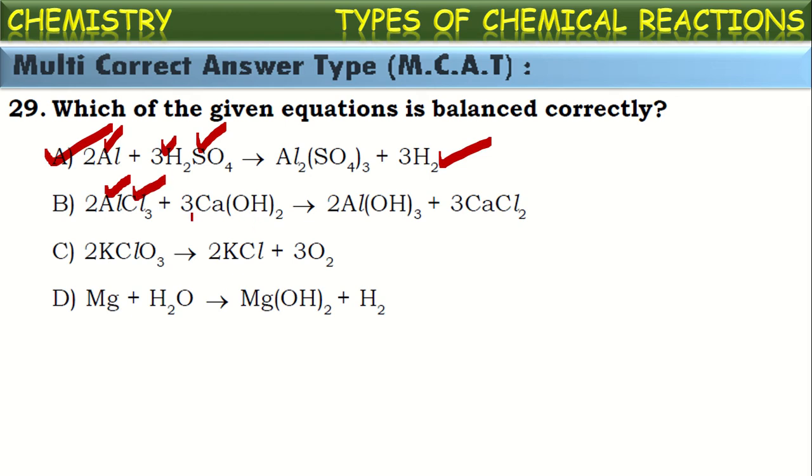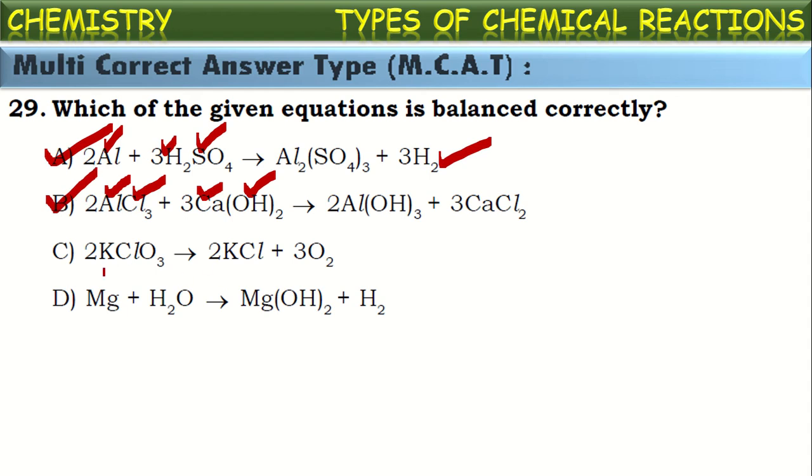Calcium atoms, three on left, three on right also. So calcium is balanced. Hydroxyl ions or OH minus ions: there are six OH ions on the left hand side. On the right hand side also six. So here also all the atoms are balanced on both sides. Or you can say it is also a balanced chemical equation.